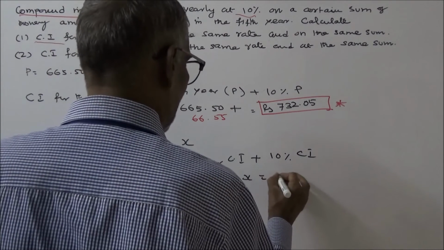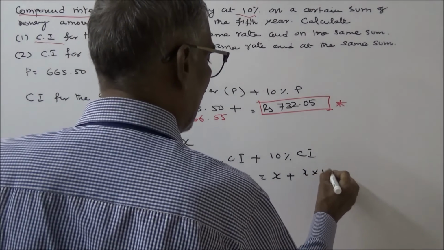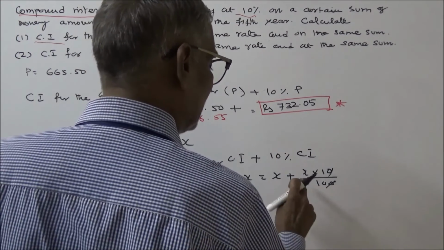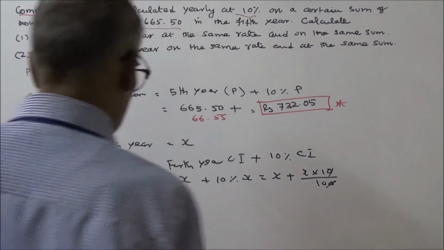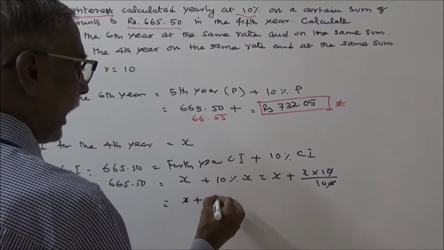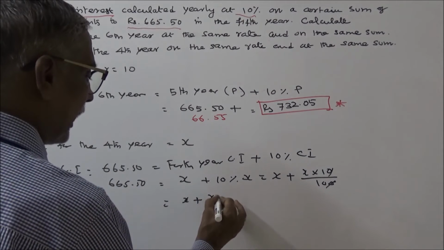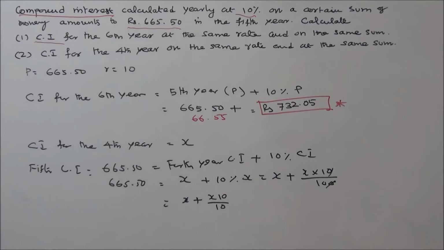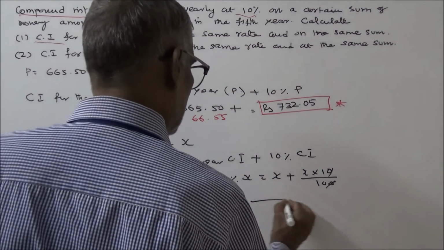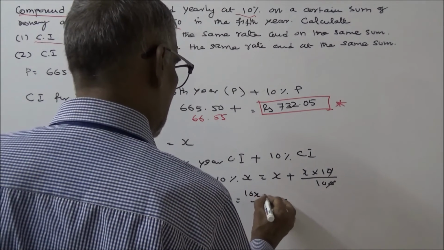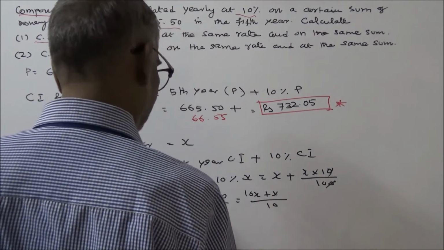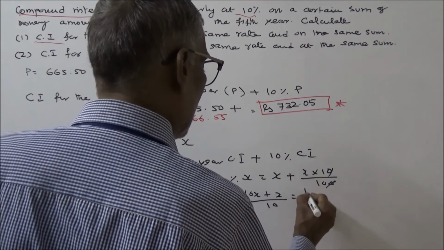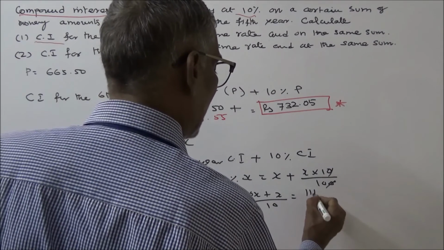I can rewrite it like this: x plus x into 10 divided by 100. Simplifying again, this is x plus x into 1 divided by 10, which is 10x plus x by 10, that is 11x by 10.